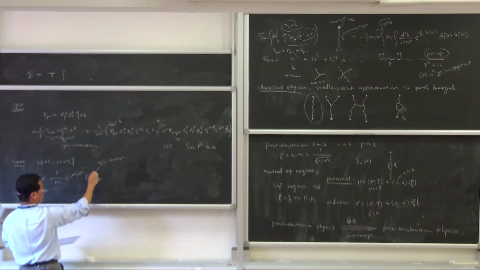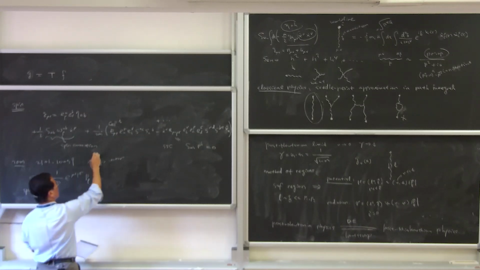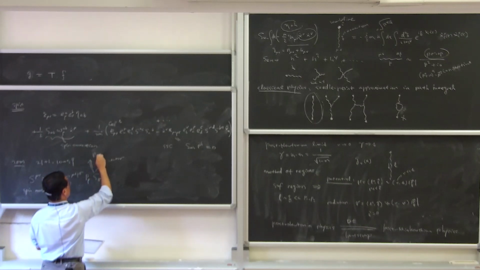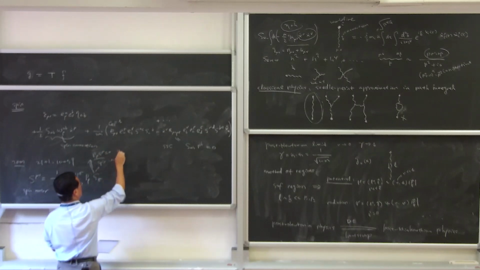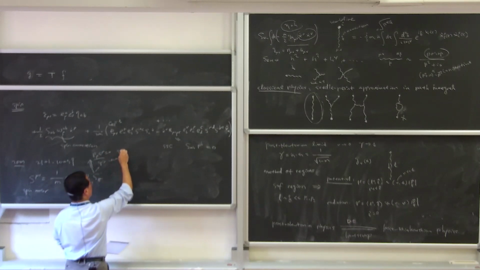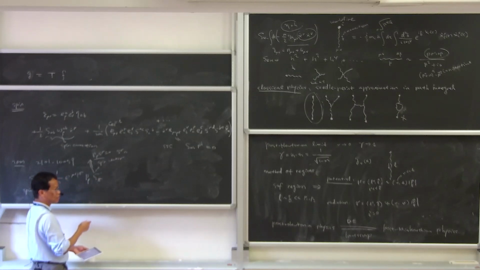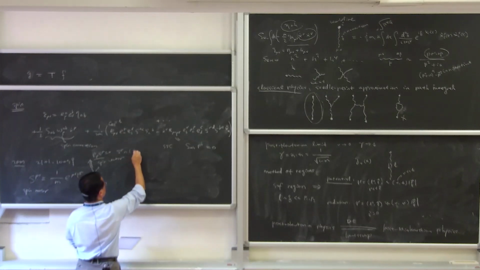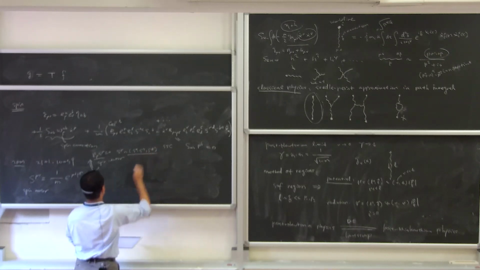Because this vector also needs to satisfy this condition, it only has three physical components, the ordinary spin.